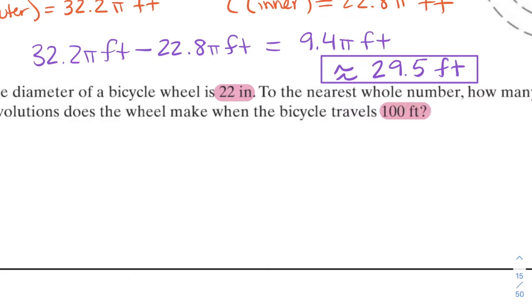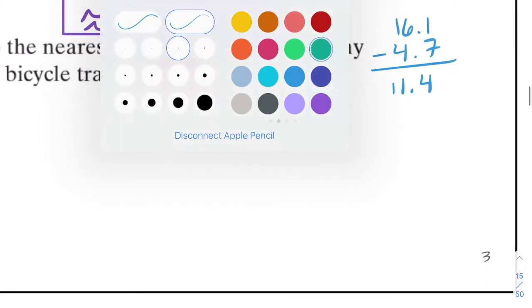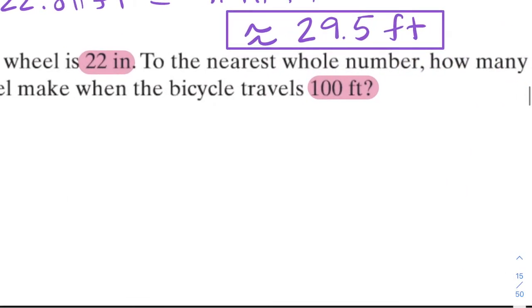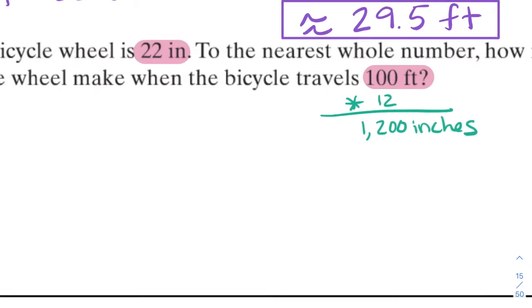So the first thing I'm going to do, because I don't want to get tricked up with my units, is multiply this by 12, because 100 feet times 12 is going to be 1,200 inches. It's always easier to multiply than sometimes it is to divide.